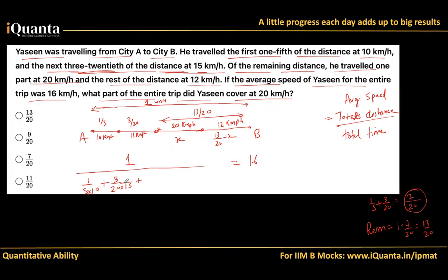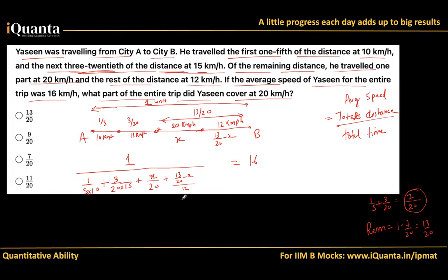So we are still finding out the total time taken. This part, total time taken, 3 by 20 is done. Then we have this x amount of distance which was done at 20. Plus we have 13 by 20 minus x. This was distance done at 12 kilometer per hour.